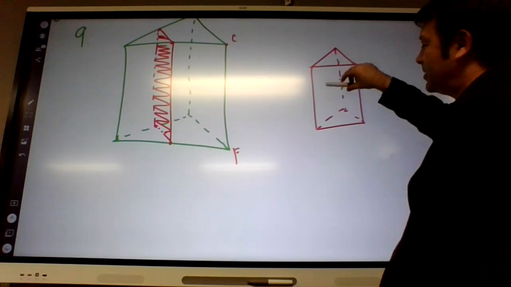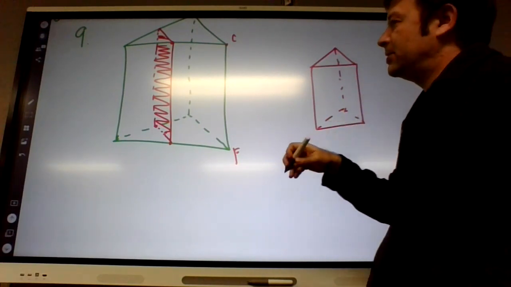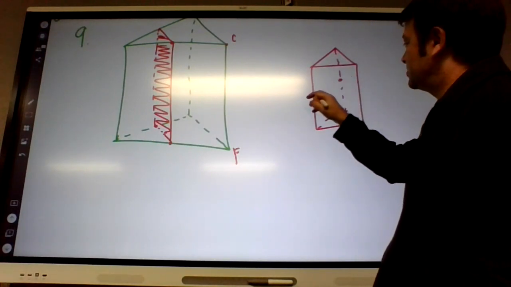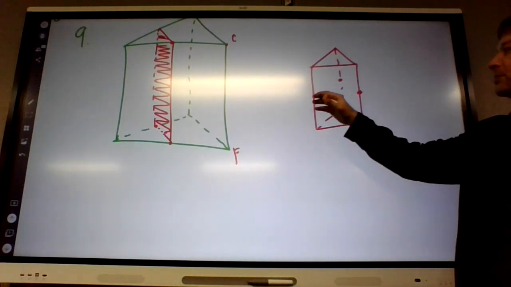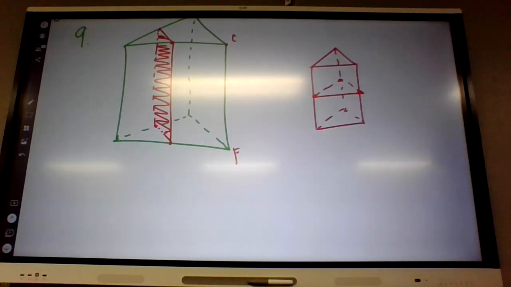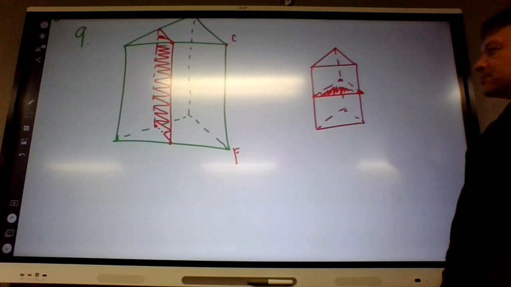Well, since the top and the bottom are horizontal triangles, then the plane you draw should be horizontal. So it should look like one of those triangles. So it should go like that, solid. So you just did. You see it? I see it.